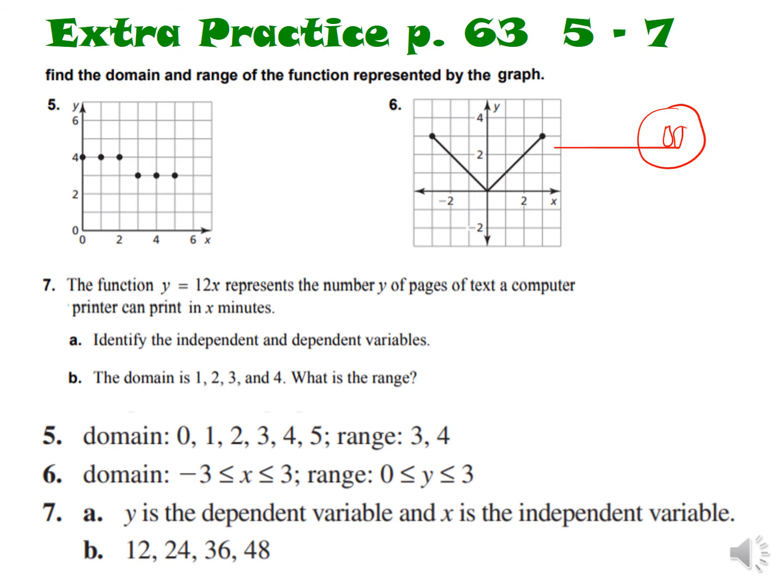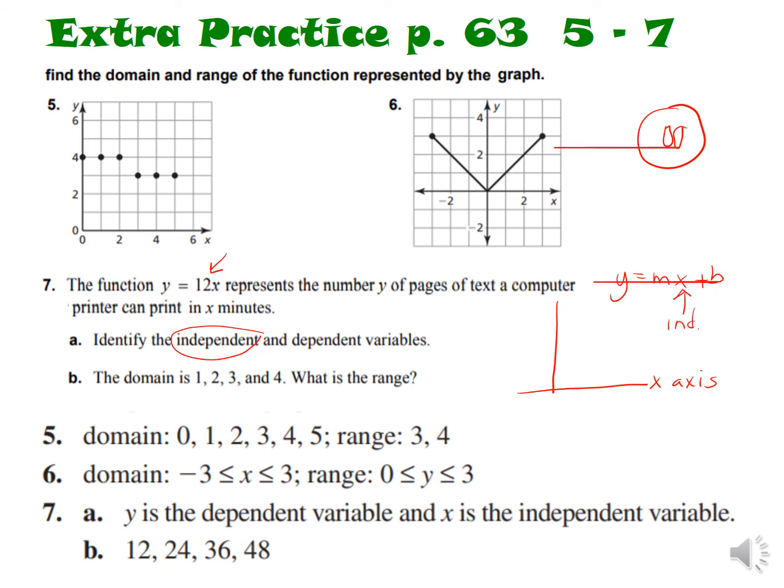Okay, so these are the domains and range. I want to talk a little bit about the independent and dependent variable because they haven't done that in the book so much. The independent variable is always the variable that is on the x-axis. So if your equation is written in y equals mx plus b form, which this one is, then the x is your independent value.